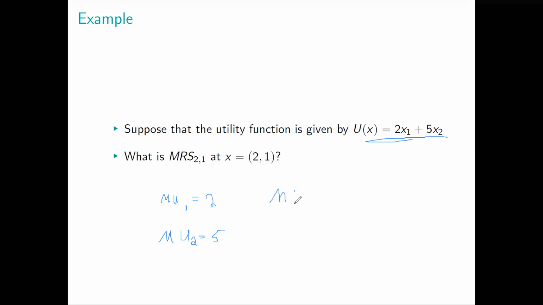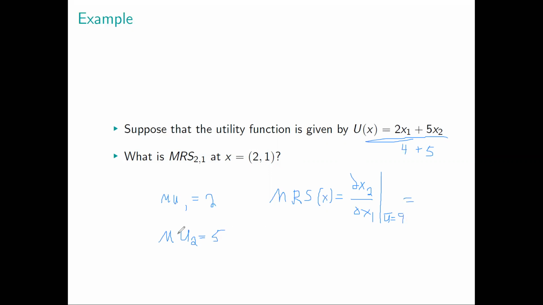So if we look at the MRS of this x, this is going to be the change in x2 with respect to x1 such that utility u bar is equal to 9, and we can just plug these in.